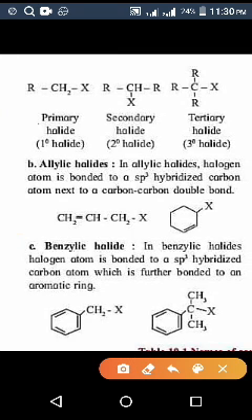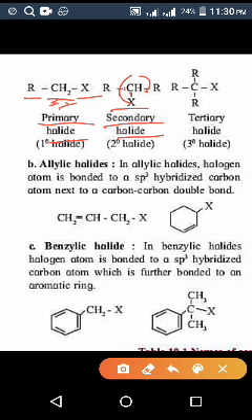These are the primary halides. Why is it known as primary halide? Because this halogen is attached to a primary carbon. Why is this carbon known as a primary carbon atom? Because it is bonded to only one other carbon atom, and therefore it is known as primary carbon, and this halide is known as primary halide. These are the secondary halides because the halogen is attached to a secondary carbon. Why is this carbon known as secondary carbon?